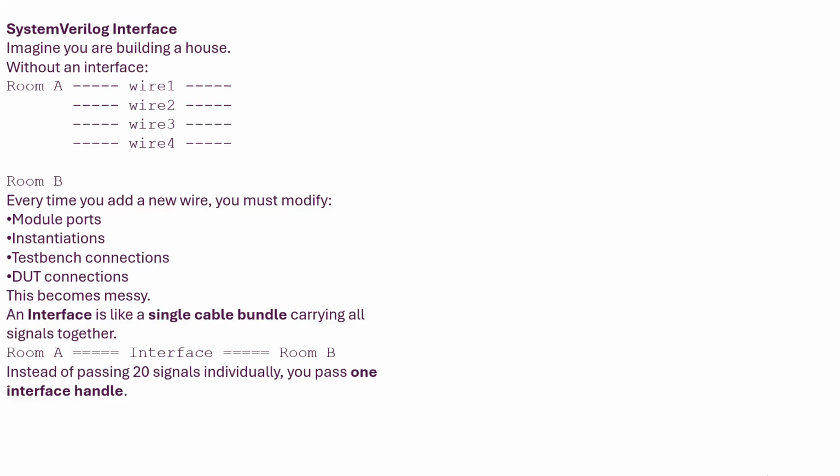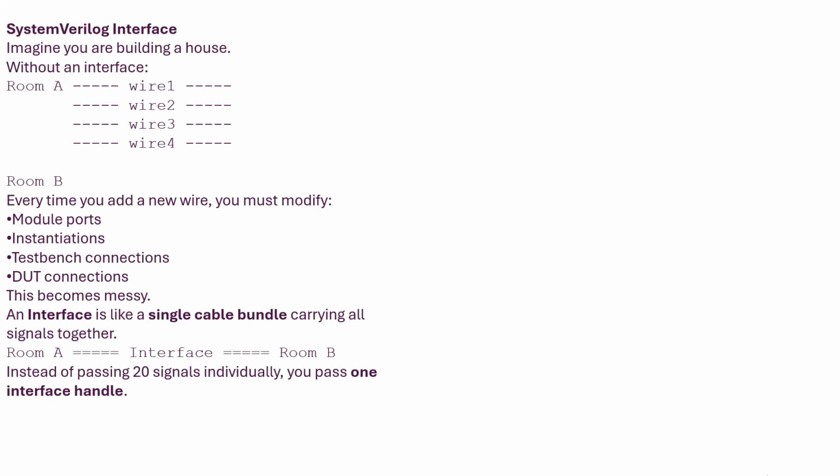We write the module name, the DUT name and a user-defined name. Inside that, the signals like .clock(clock), .reset(reset), .address(address), .data(data). That means the DUT signals are communicating with the test bench signals.